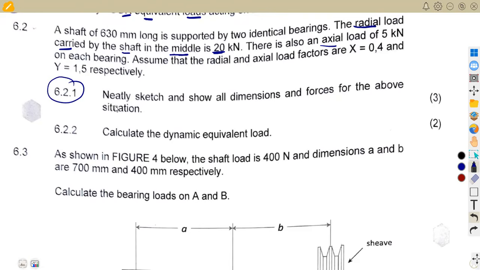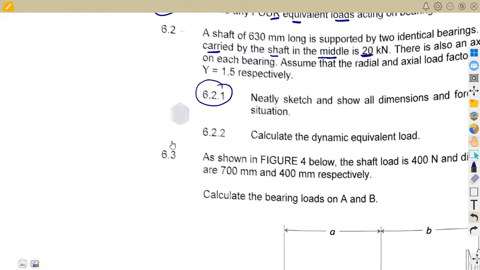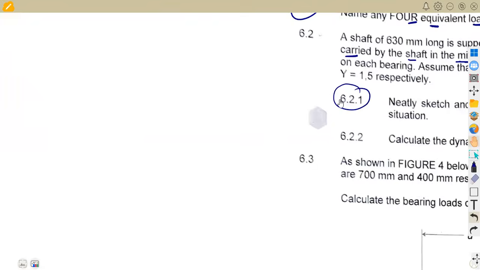We are asked to neatly sketch and show all dimensions and forces for the above situation. We are given a shaft that has a length of 630 millimeters, supported by bearings, and we have been given two loads. We are going to have something of this nature.